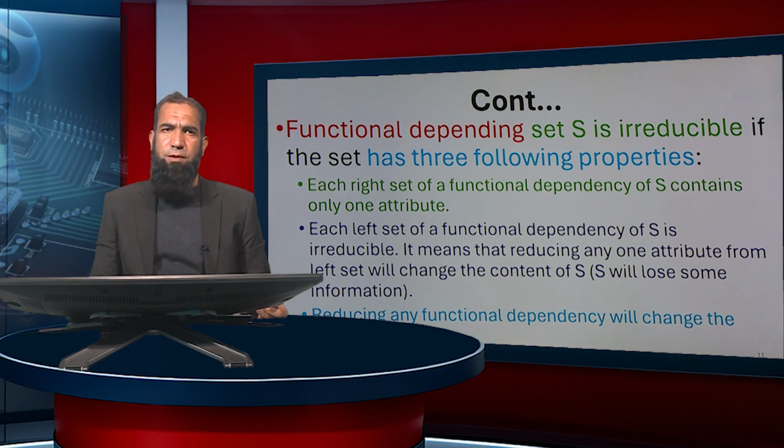That means if we have a dependency like A determines BC, we should split it into two separate dependencies, A determines B and A determines C. This makes each dependency more atomic and easier to analyze. Second, each left hand side must be irreducible. This means we can't remove any attribute from the left hand side without changing the meaning of the dependency.